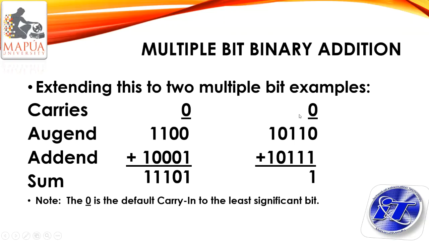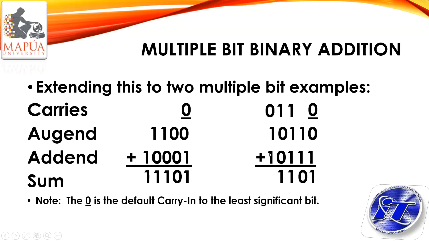Nothing to carry. So 1 plus 1 is 0. It exceeds the highest value in this position. So therefore, we carry 1. 1 plus 1 plus 1 is 1. Carry 1. 1 plus 0 plus 0 is 1. Nothing to carry.